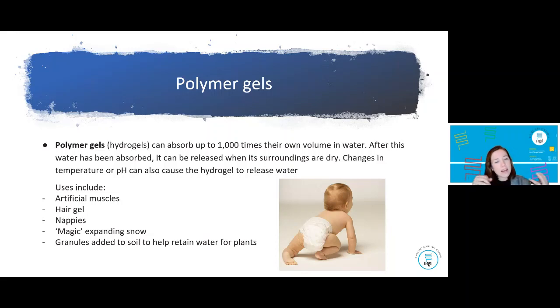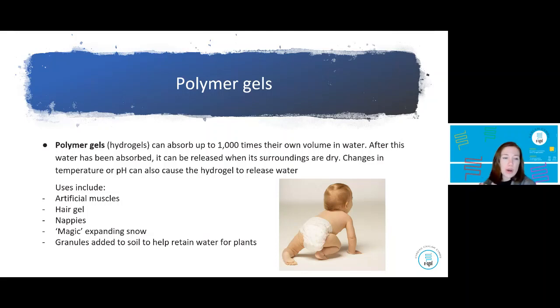We need that urine to be absorbed, the water to be absorbed instantly, as quickly as possible, because we don't want that rubbing next to a baby's bottom, okay, because that can cause soreness and so on. And therefore, what happens is that it gets absorbed in by the polymer gel and is actually then dry to touch. So it's very, very useful indeed.